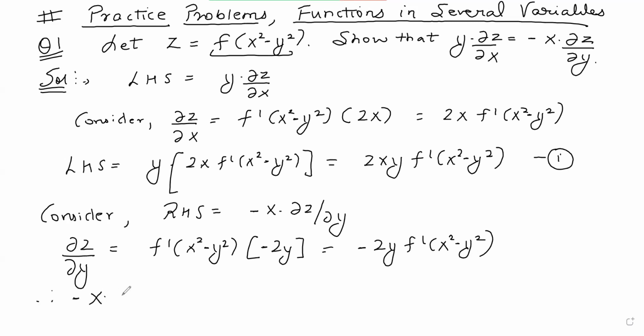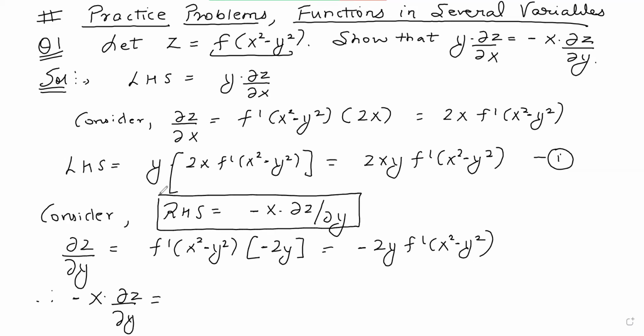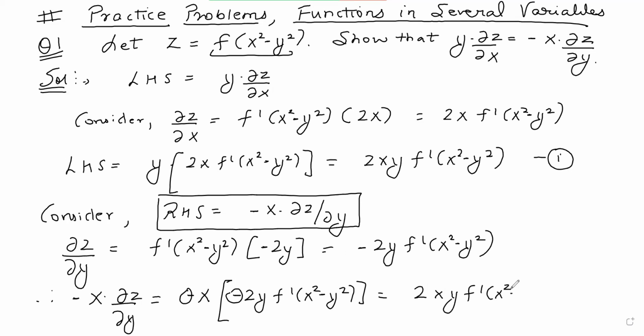Therefore, what will minus x times del z by del y be? Because ultimately I need to calculate the right hand side. Minus x times del z by del y is minus x times minus 2y f dash x square minus y square. So this minus and this minus makes it plus 2xy f dash x square minus y square. This is result 2.